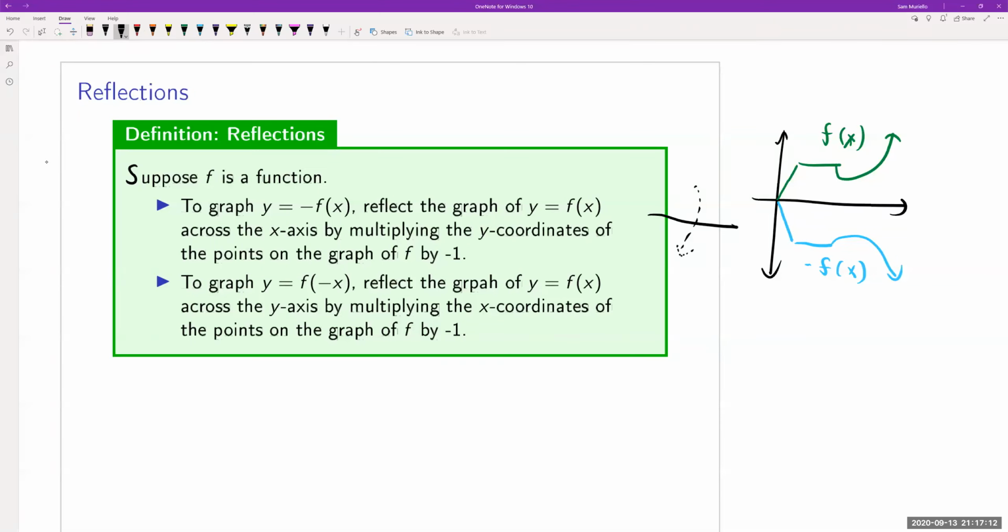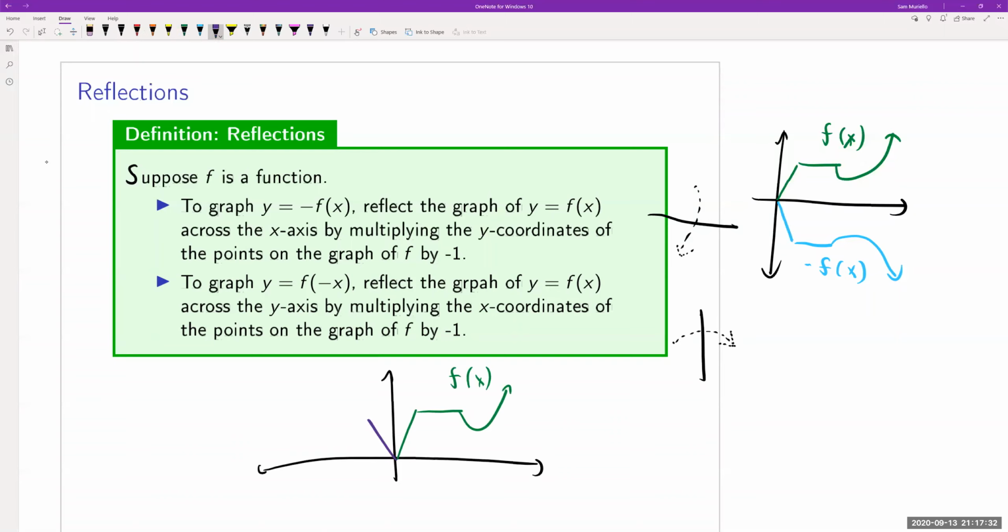Alternatively, if I made the change directly to x, then I have the opposite kind of reflection, a horizontal one across the y-axis. And to our sample function, f of x will reflect this way, f of negative x.